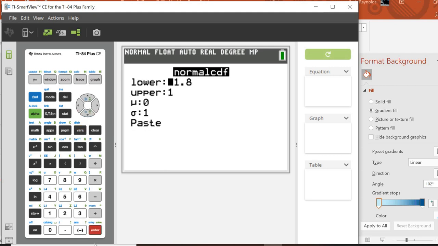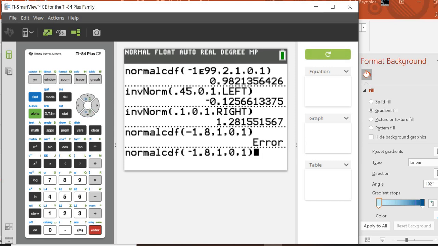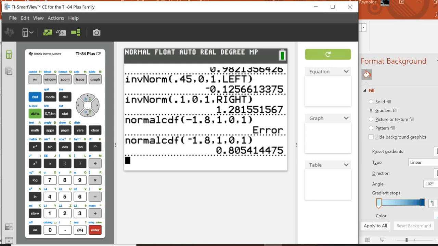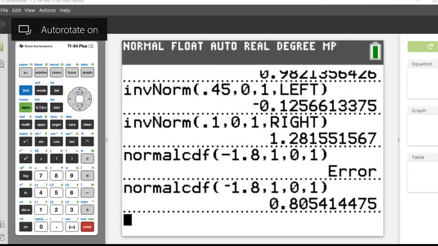When you're doing negatives, you got to make sure to use the negative down here next to the enter sign. Otherwise, you will get an error. I'm glad I did that to show you. There we go. And I was very close, 0.805. And I promise I haven't figured this one out recently since before I recorded this. So that was pure estimation.